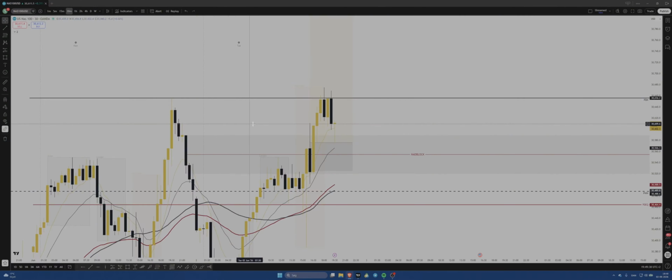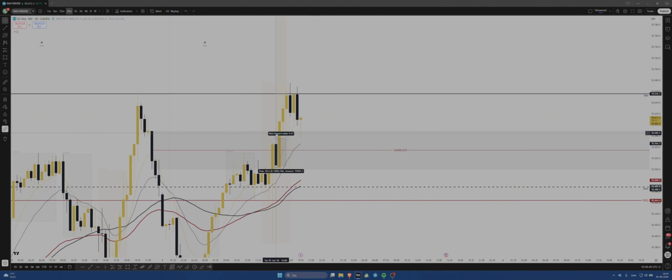If there was something I could improve for next time the market looks like this, I could wait until we also get a close above the mat block, and not take a trade inside the mat block.